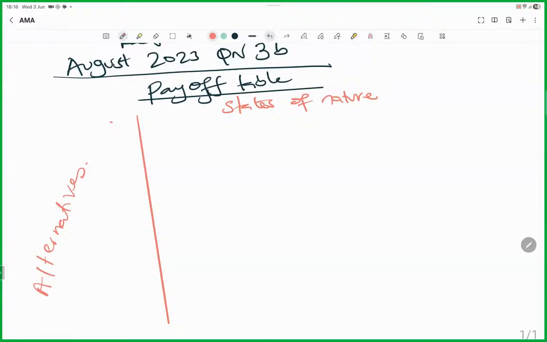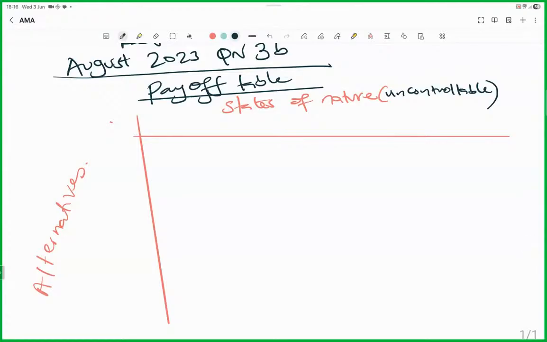Ladies and gentlemen, what do you know about states of nature? In this case, they are uncontrollable. They are probabilistic. For example, this evening, I'm sure 100% of us in this classroom pray that it doesn't rain.